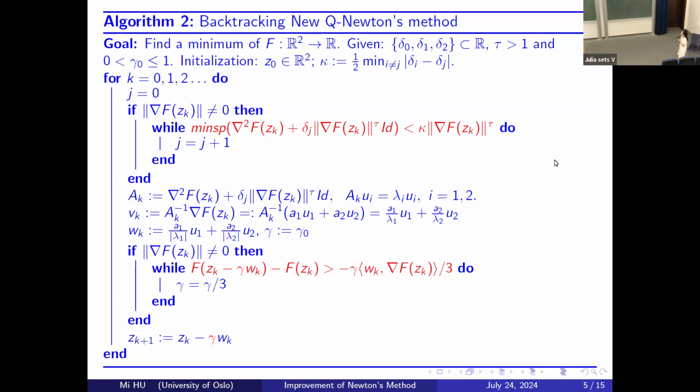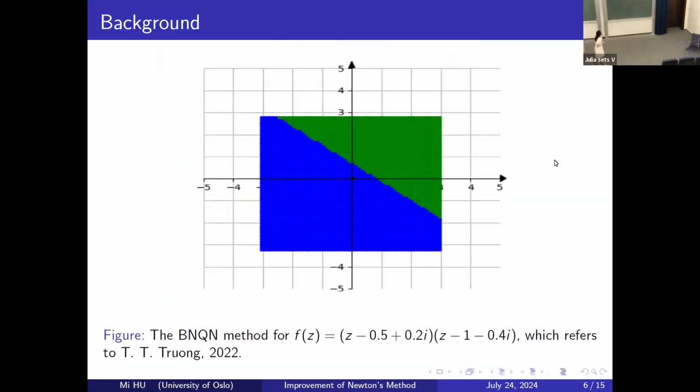But I'm not going to talk about how good these two algorithms are compared with the Newton method. What I'm going to talk about is this. Let's see some experiments. We see here that for this function, if it's degree 2, you have two roots. One root is around here, the other root is here.